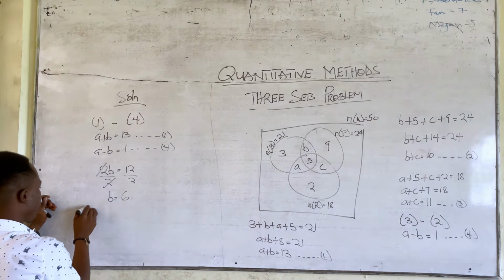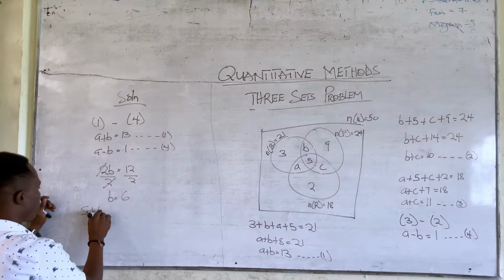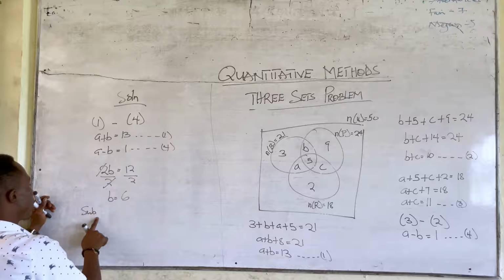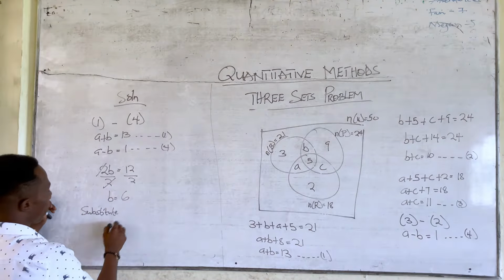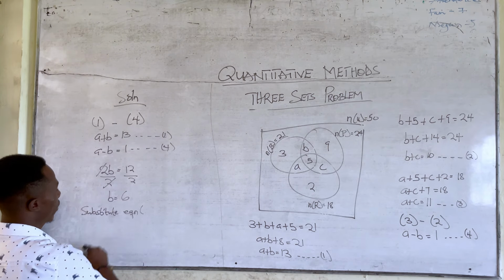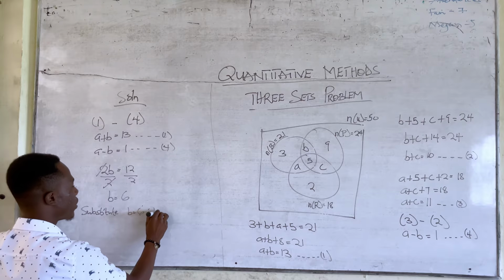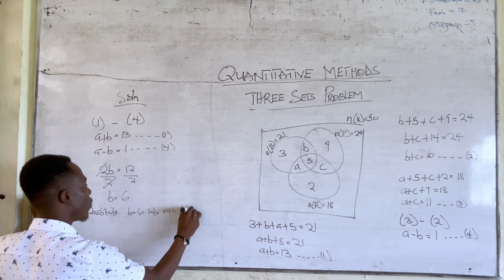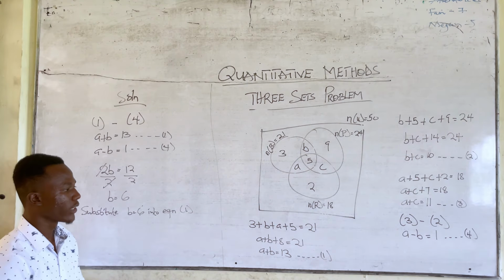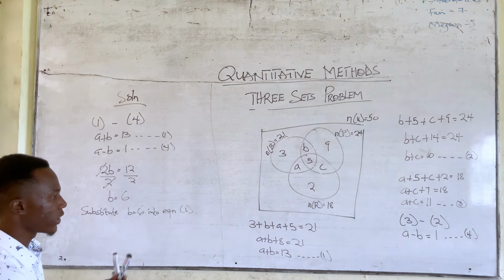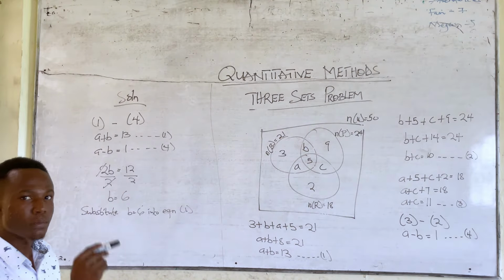Substitute B equals 6 into equation 1. That way the examiner will understand it more and know that you know exactly what you are doing, so that you are going to get more ticks.